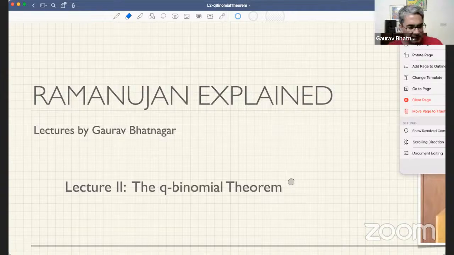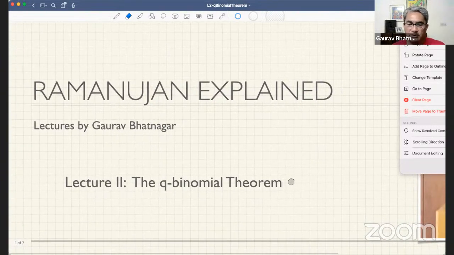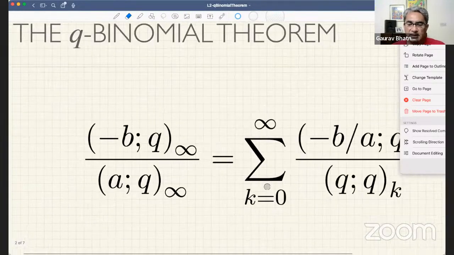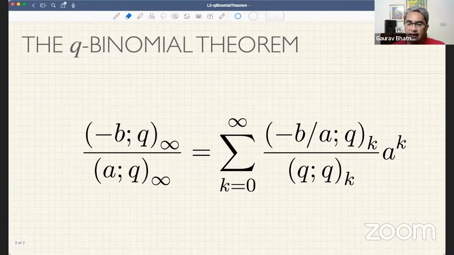Okay, so this lecture is on the q-binomial theorem. It's the smallest of all the binomial theorems, the q theorems which Ramanujan had, and this is in chapter 16. So this is what the theorem says, and I will explain what each of these terms mean, and we will prove it.